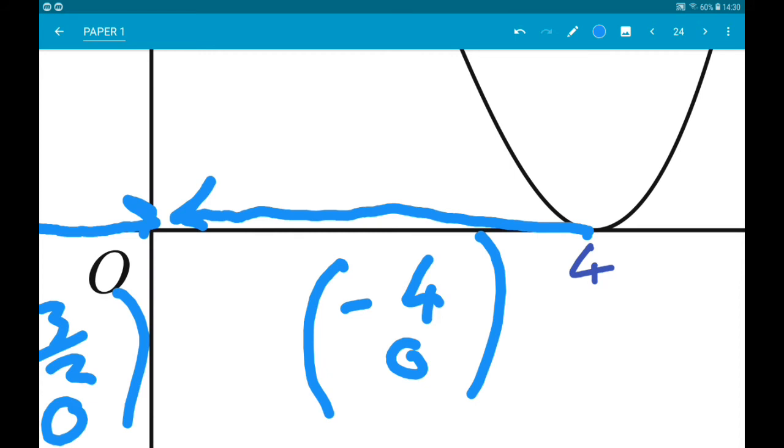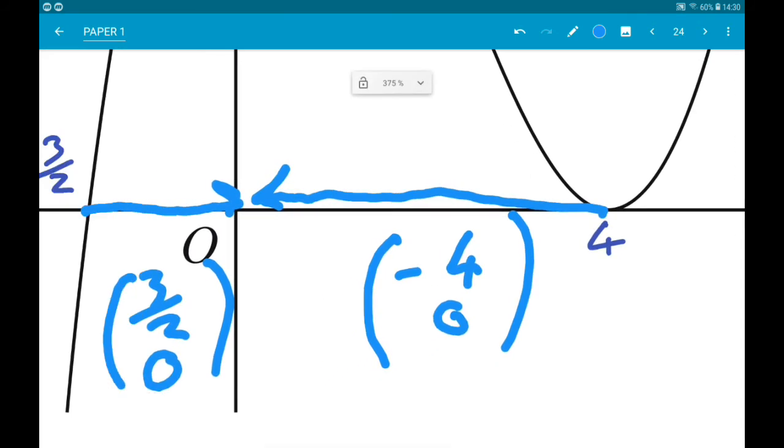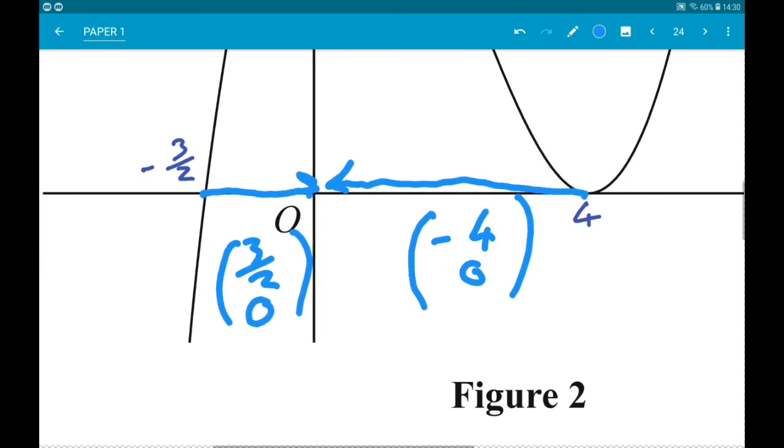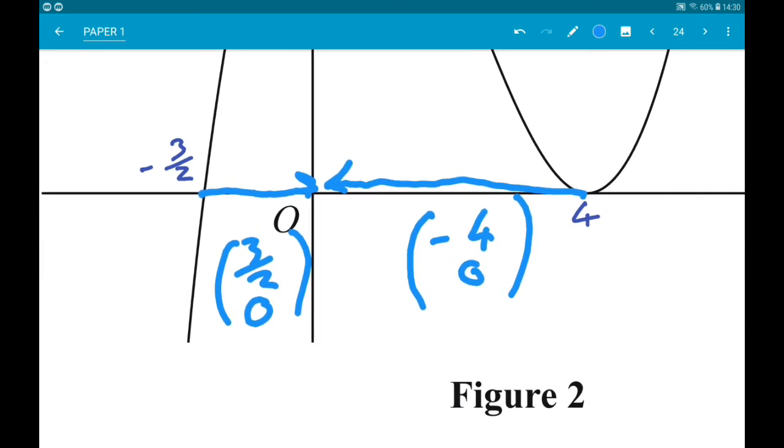So, k then is either minus 3/2 or positive 4.